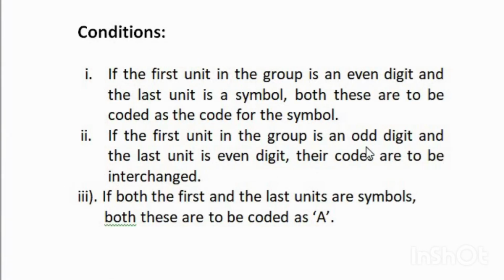In the next question, the group is $1, 7 and 8. Here both the first unit and the last unit are numbers. The first unit is an odd number and the last unit is an even number. So what is the condition? Condition number 2, that is, if the first unit in the group is an odd digit and the last unit is an even digit, their codes are to be interchanged.